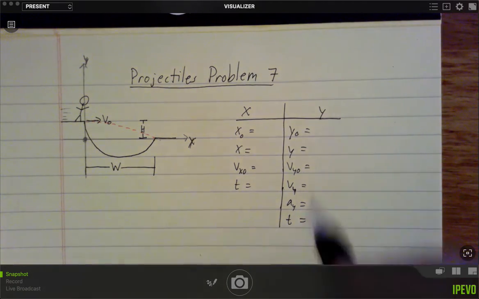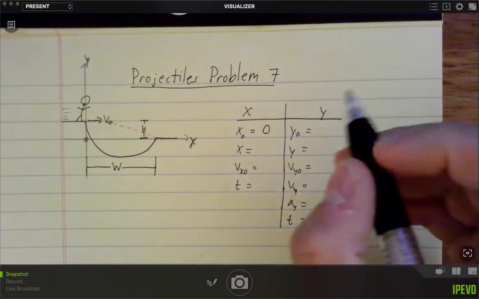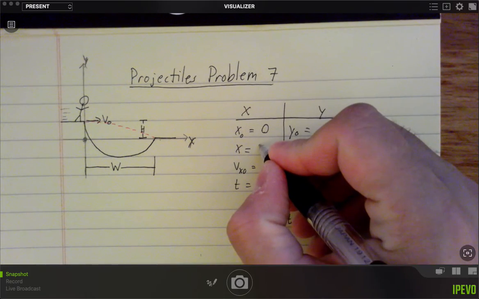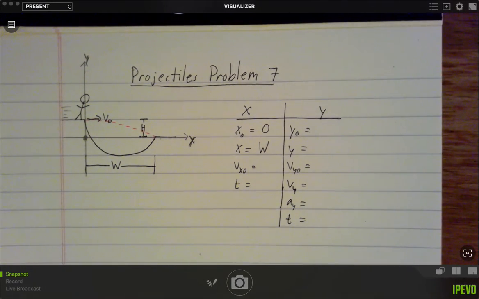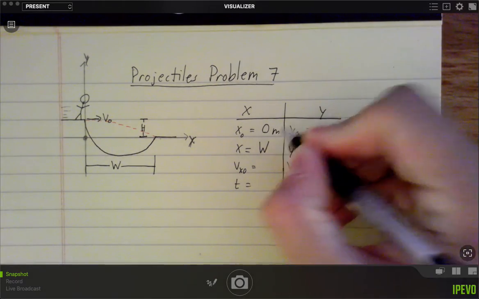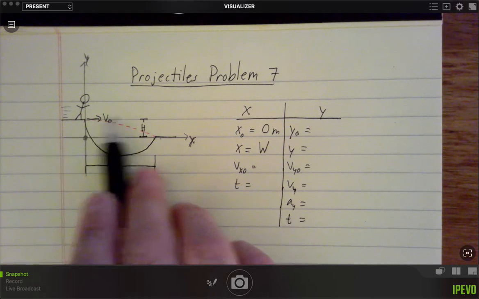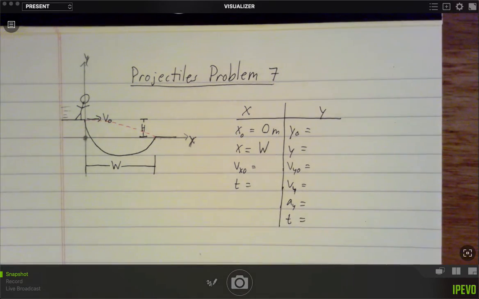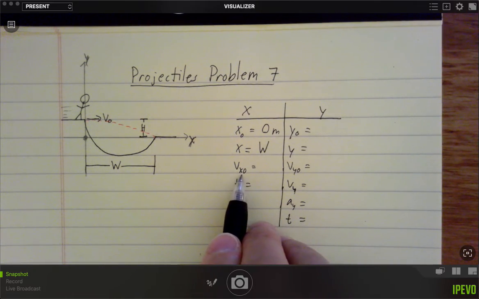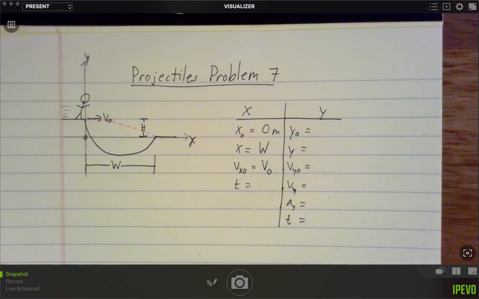So now I'm going to start to fill in some values. x naught is going to be 0. x is going to be W. That's important because they're going to have to get to exactly that edge of the river, because I want the minimum speed possible to get there. Any speed above that is going to get greater than a distance W. The other important part is Vx naught is going to be V naught according to the symbols in this equation.